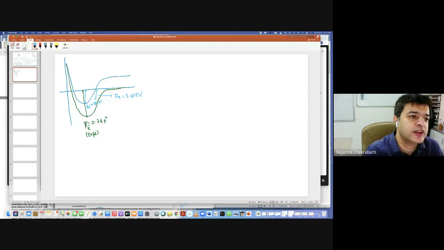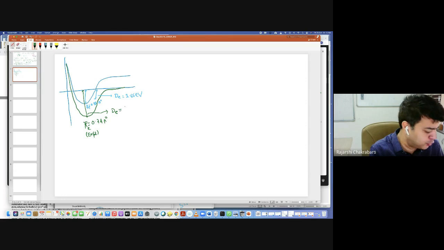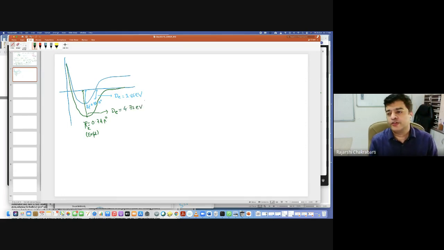Whereas if you do an experiment, you will find the dissociation energy shown here is something like 4.7 electron volt. So the dissociation energies differ a lot between what you get from the molecular orbital calculation and experiment. Okay. So this is an internuclear distance.